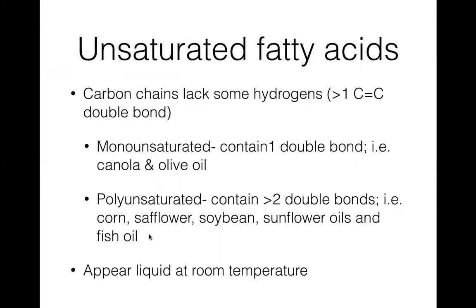Now, like what I said earlier, because the chains have kinks, the chains are farther apart from each other. Thus, they behave as fluid at room temperature. So they appear liquid at room temperature, and they do have a lower melting point.